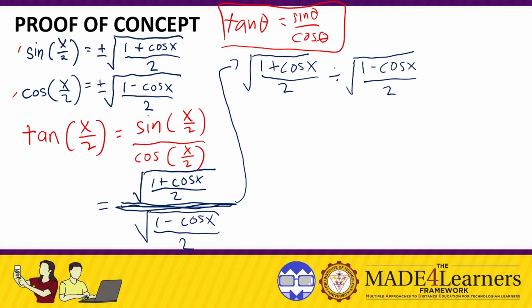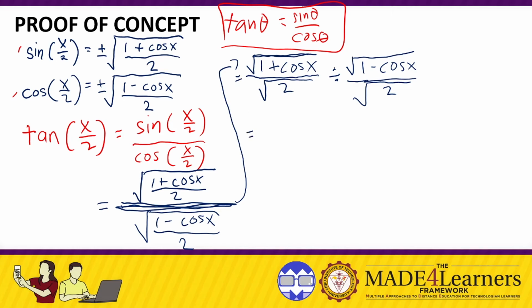But take note, if we apply the laws of radicals here, we can actually separate it. We have the square root of 1 minus cos x over square root of 2 divided by square root of 1 plus cos x over square root of 2.